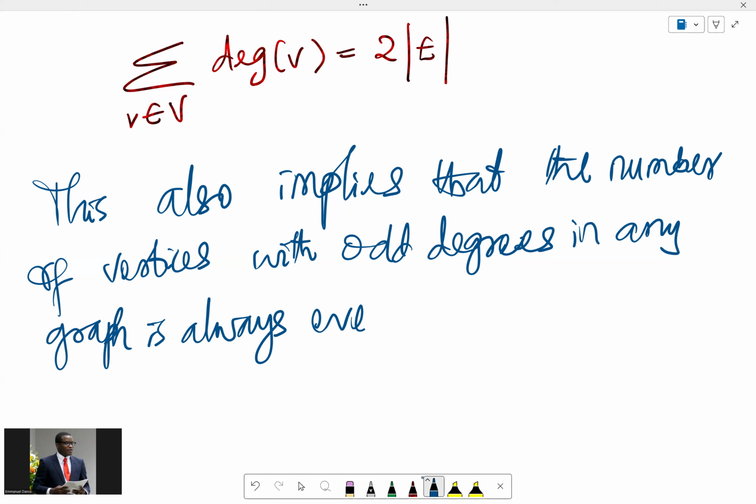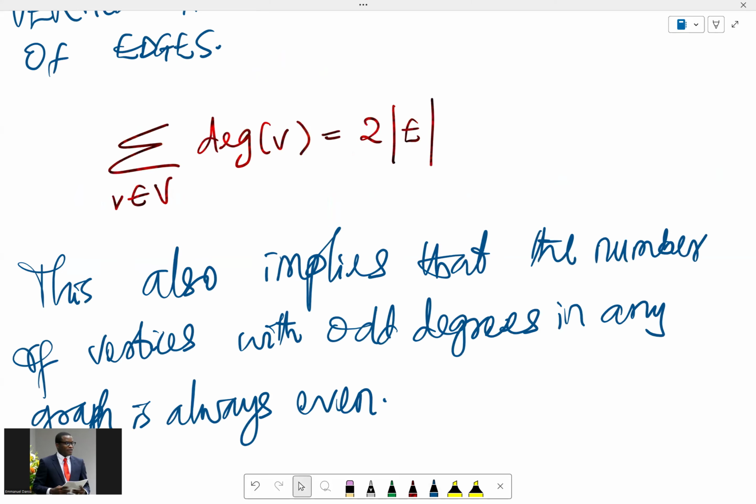It's more like a corollary to the general one.